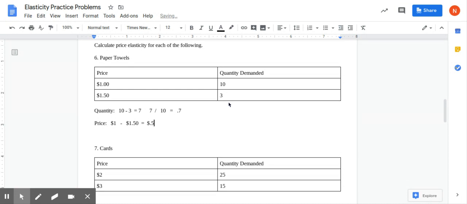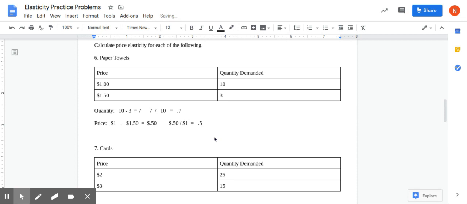So we're going to take our 50 cents and divide that by $1. These are easy numbers to do, thankfully for me. And our change is 0.5, right? 0.5 divided by 1 is 0.5.